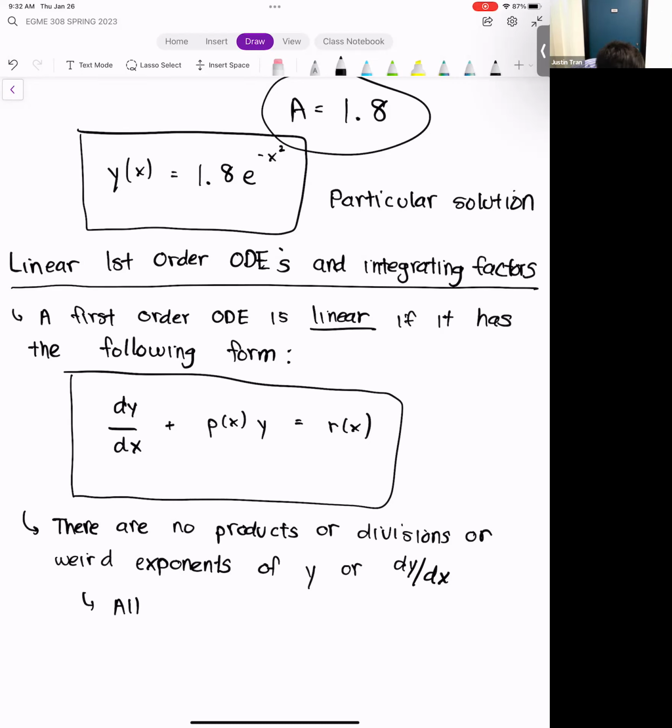In other words, another way you can say this is that all terms involving y are linear polynomial.